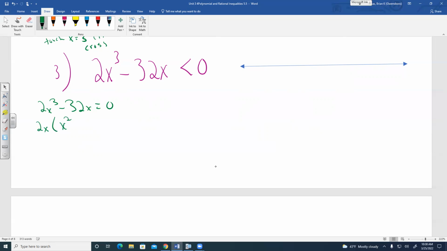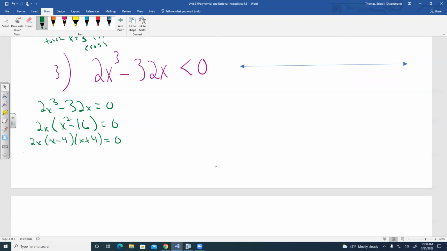If I pull a 2 out of the 32, 32 divided by 2 would be 16. So it's going to be a minus 16. And the x came out. I'm not done factoring, because x squared minus 16 is actually factorable. So I have 2x times, and since x squared minus 16 is a difference of squares, we can write that as x minus 4 times x plus 4.